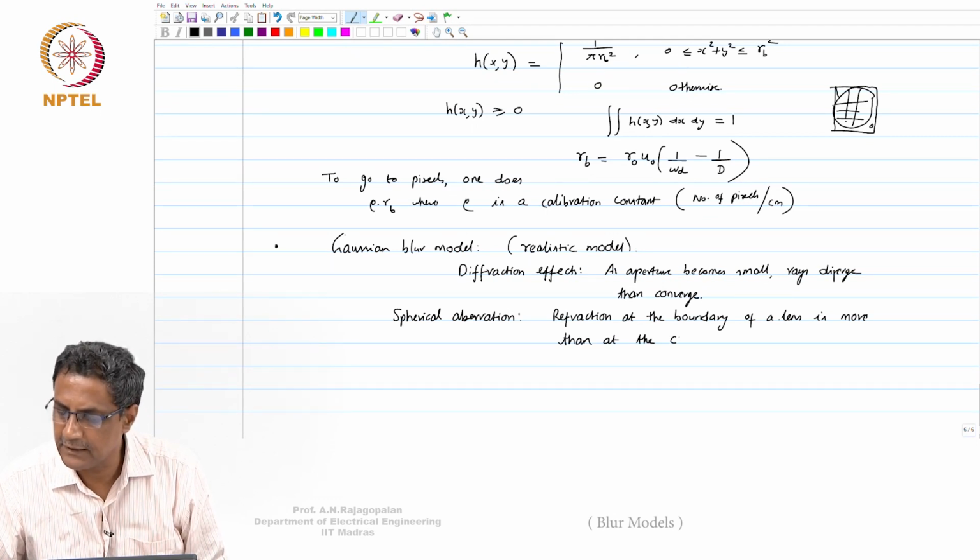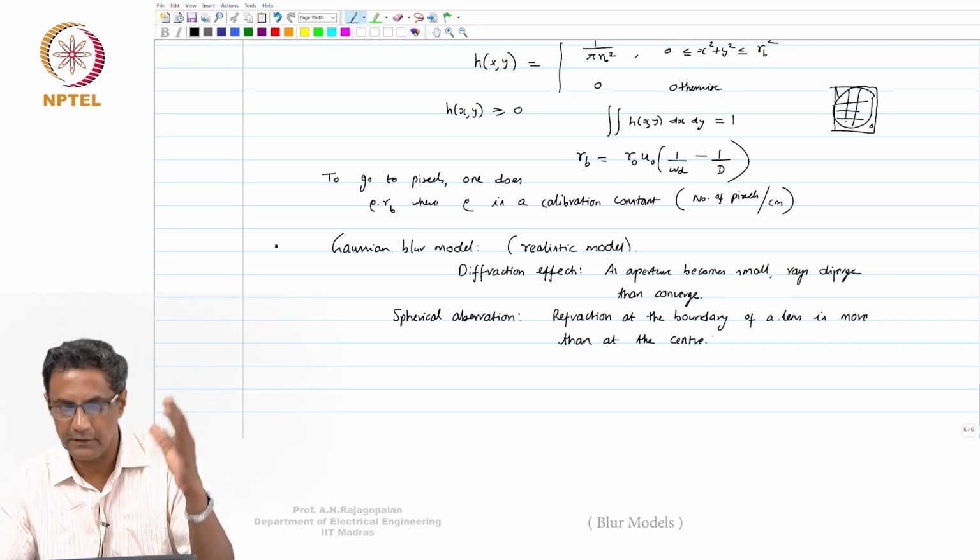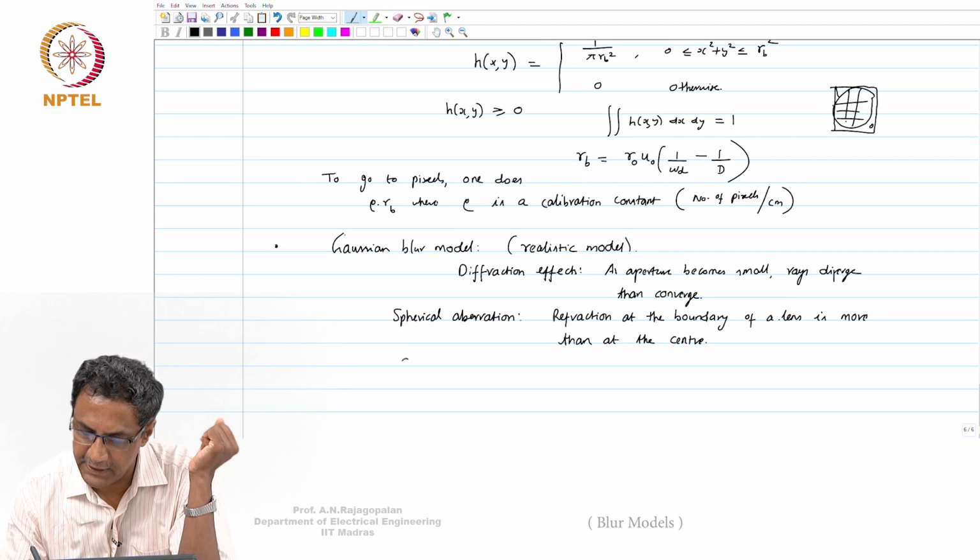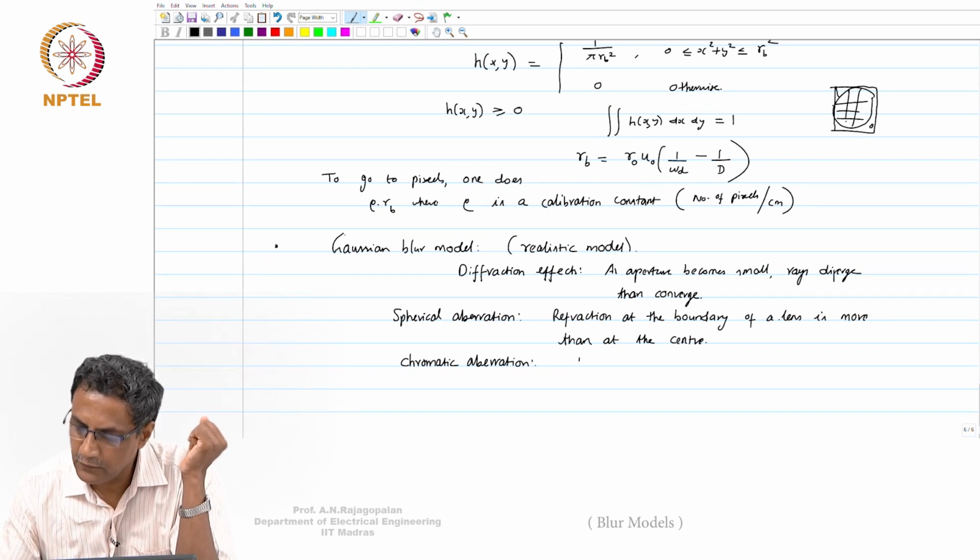And the other thing is all these are actually independent effects. Okay, diffraction is independent of whatever happens, and then there is something called chromatic aberration, according to which not all wavelengths converge at the same point.